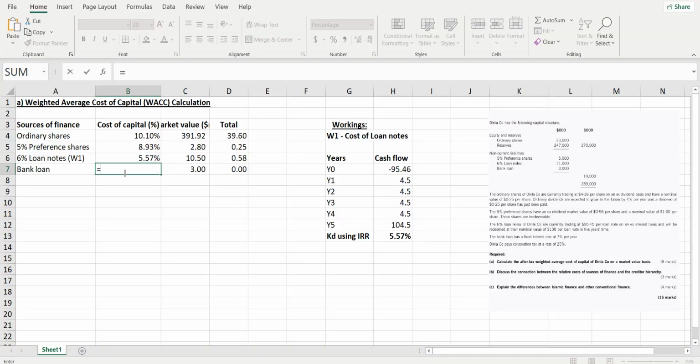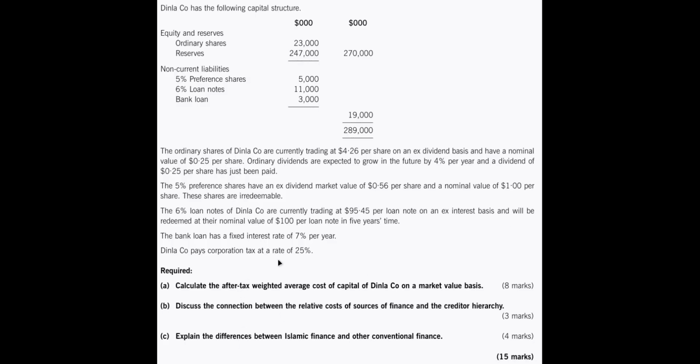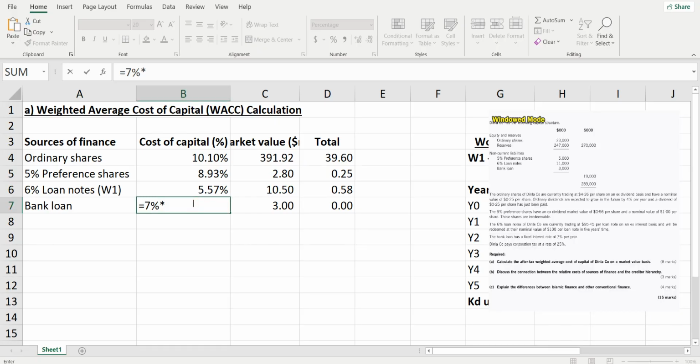So this is just 7%, but we also have to take care of the tax rate, which is 25%, into 100 minus 25%, and that is our bank loan.